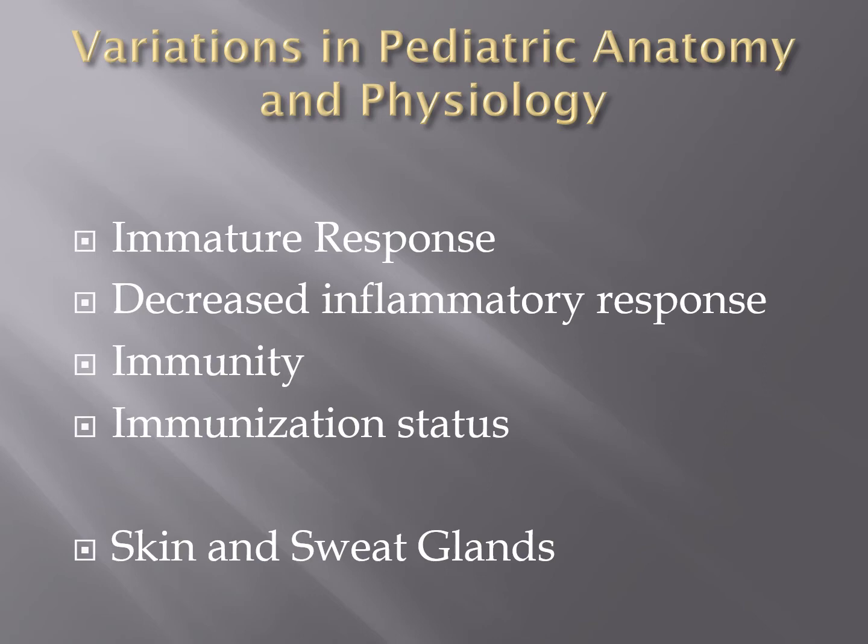This also allows them to absorb things through their skin more easily than we do. They're more prone to blistering and skin breakdown because the epidermis is thin and there's less fatty tissue. Their skin doesn't have as much pigmentation as ours, so they're at increased risk of skin damage from sun exposure. And their temperature regulation is really not very effective until they're usually a middle schooler.